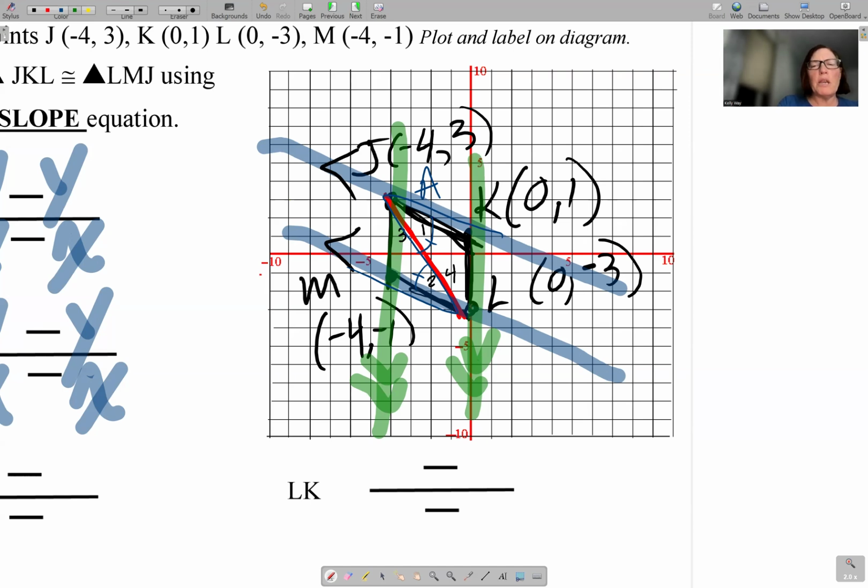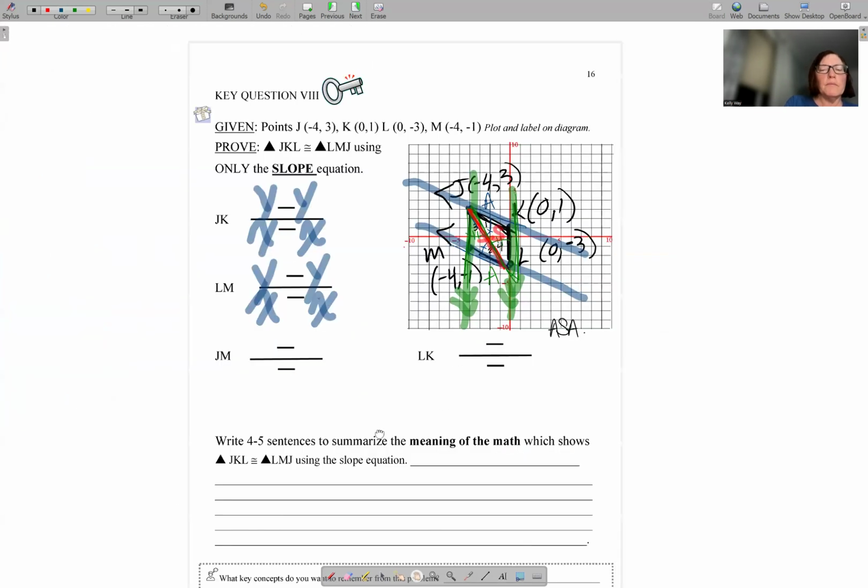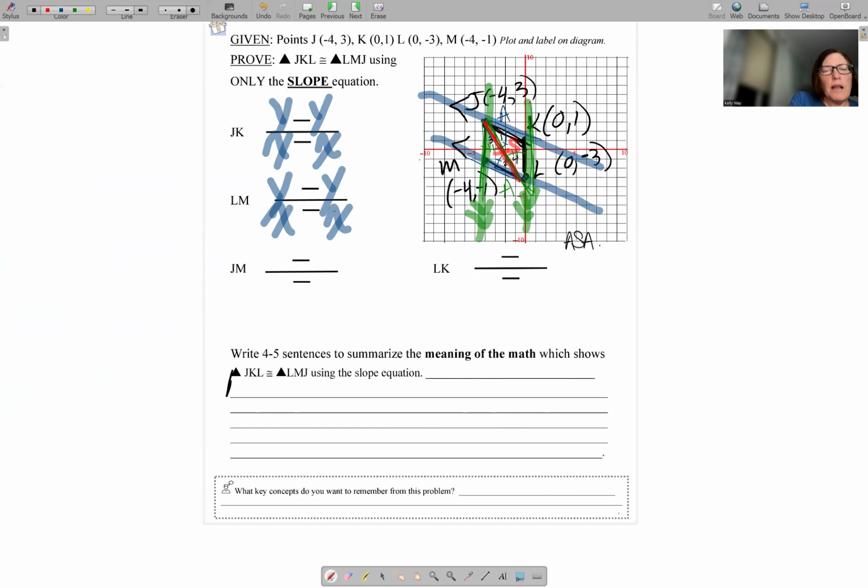Because the green is parallel, 3 and 4 are congruent. That's going to give me another pair of angles. And then a side down the middle because of the reflexive property. So in this case, the triangles are going to be congruent by angle, side, angle. Your punchline will be that the triangles are congruent.